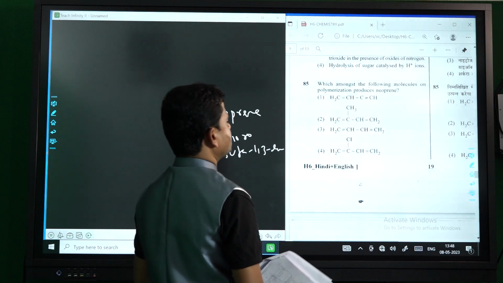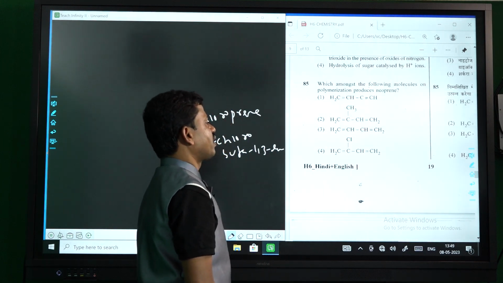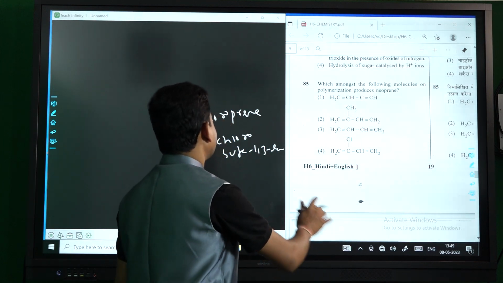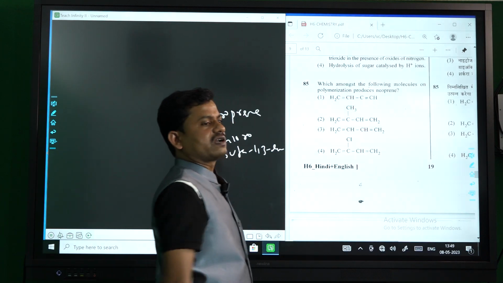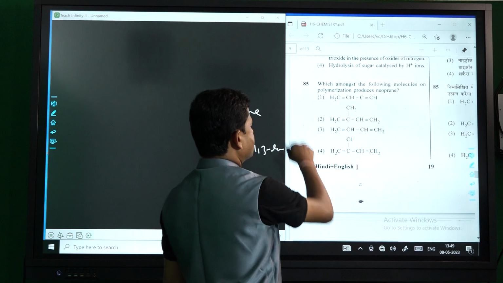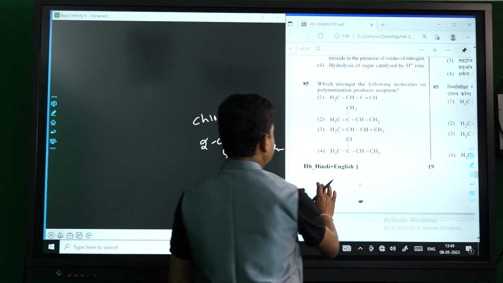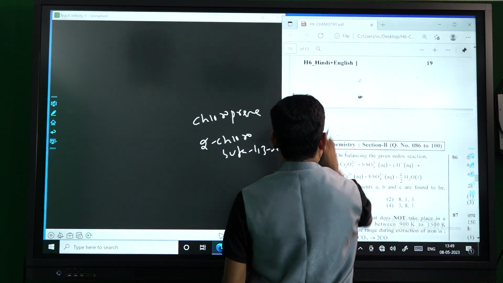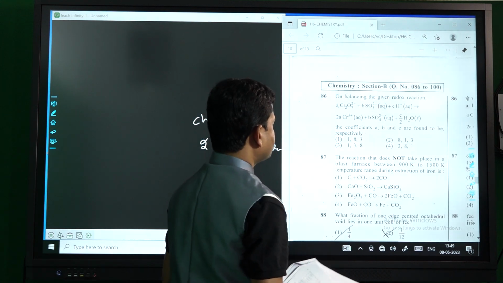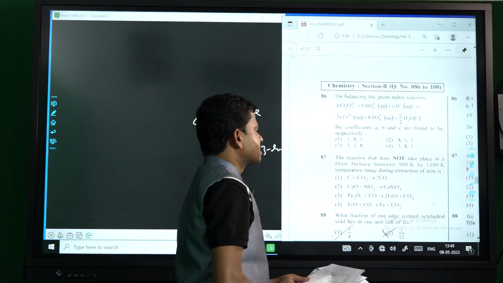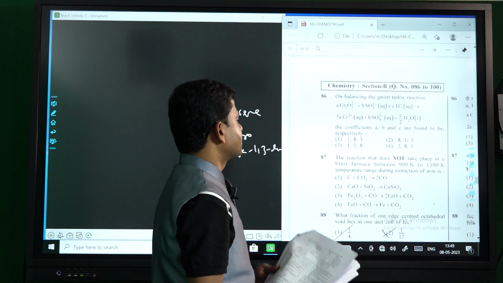In your options, only option 4 has chlorine present. You don't need to match the IUPAC naming. Only option 4 has chlorine, so the above 3 options are incorrect. So 85, option 4 is the correct answer. Now come to 86.